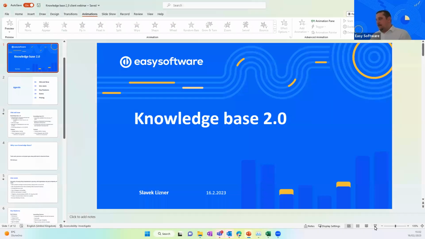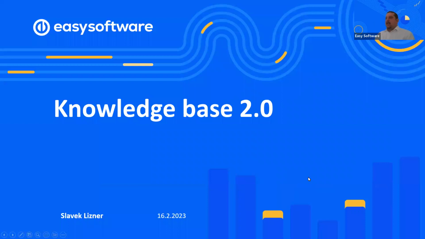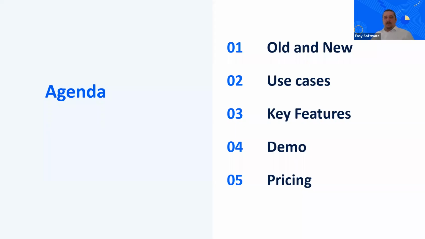All right, let's get started. Sharing the screen. All right, Knowledge Base 2.0. I would talk a little bit about the old knowledge base and the new knowledge base, just very shortly.